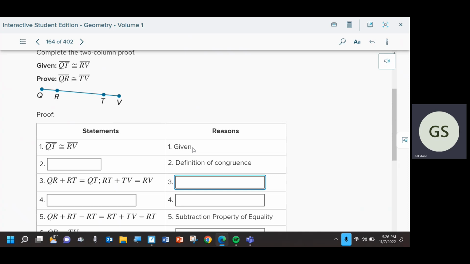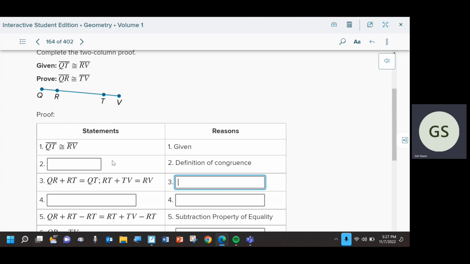From there, we are going to go step by step, and we are going to use one reason at a time to get to the next step. So again, it's just step by step when you're doing a proof. You can't really jump from the beginning to the end. Now, another thing I said in class is if they give you one of the two columns, so this is a 2-column proof, by the way.